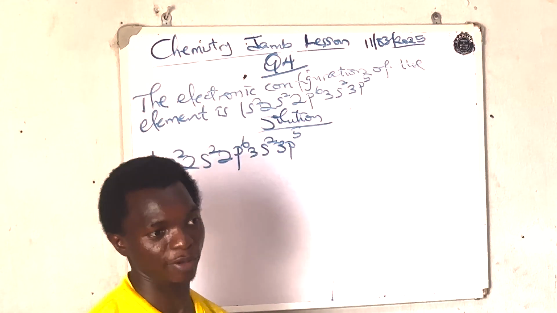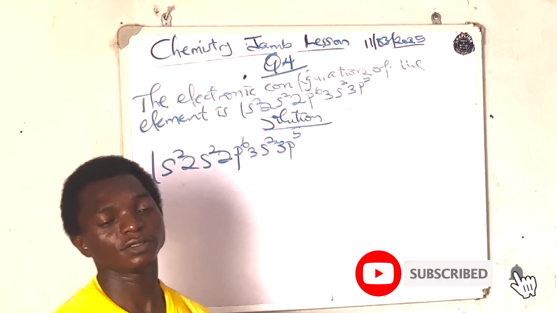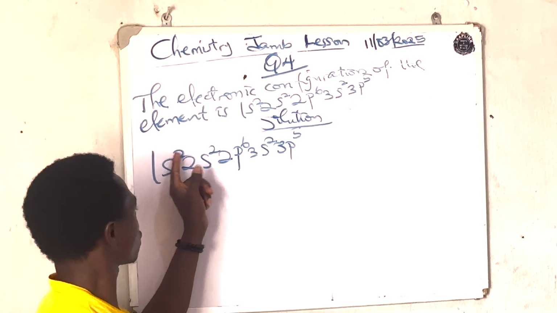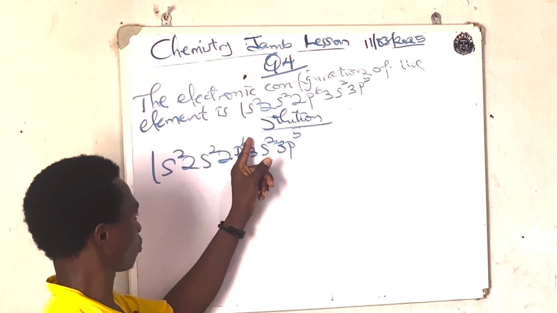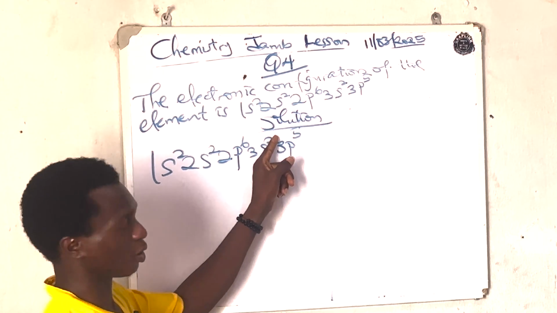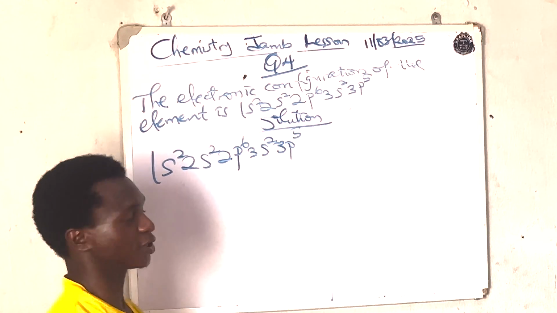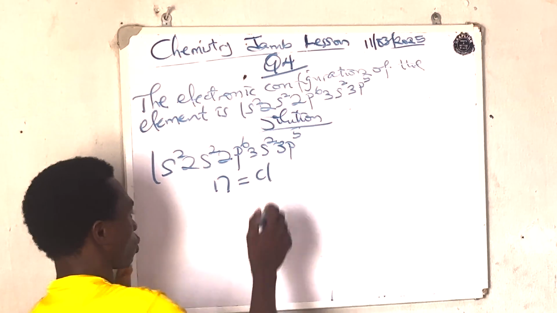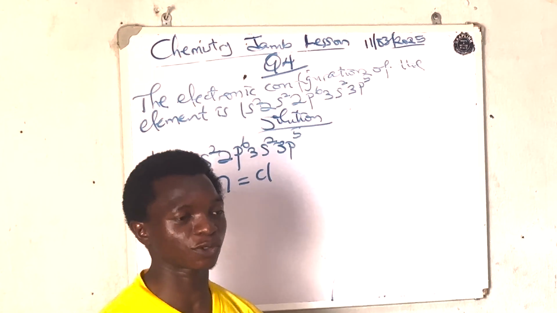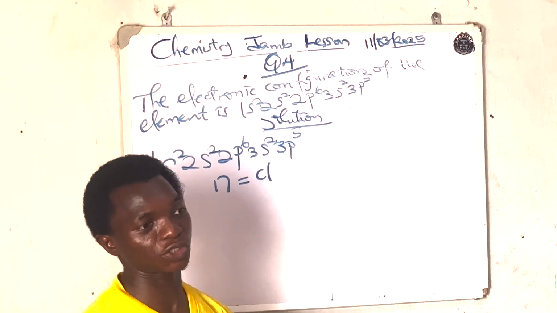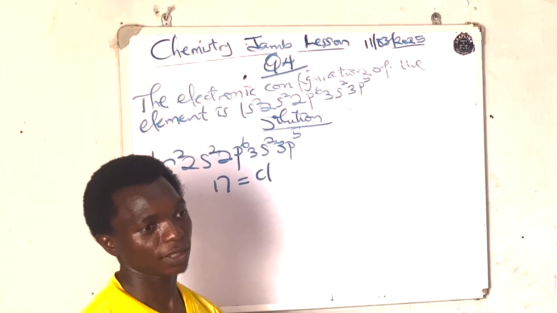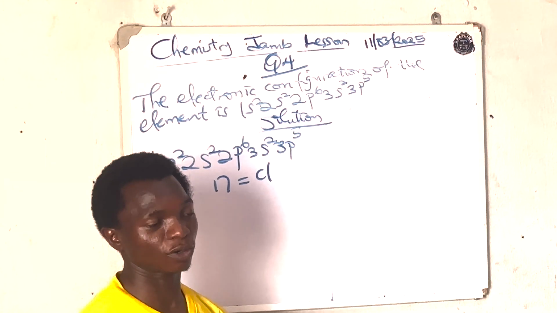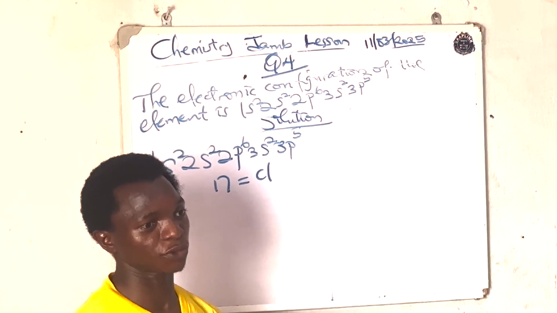To identify the element, we're going to count the number of electrons that are there altogether. Let's count. We have 2 plus 2 gives us 4, plus 6 gives us 10, plus 2 gives us 12, plus 5 gives us 17. So we identify the element as chlorine because it has a total of 17 electrons. Now, if you remember from chemical bonding, chlorine is an electronegative element.